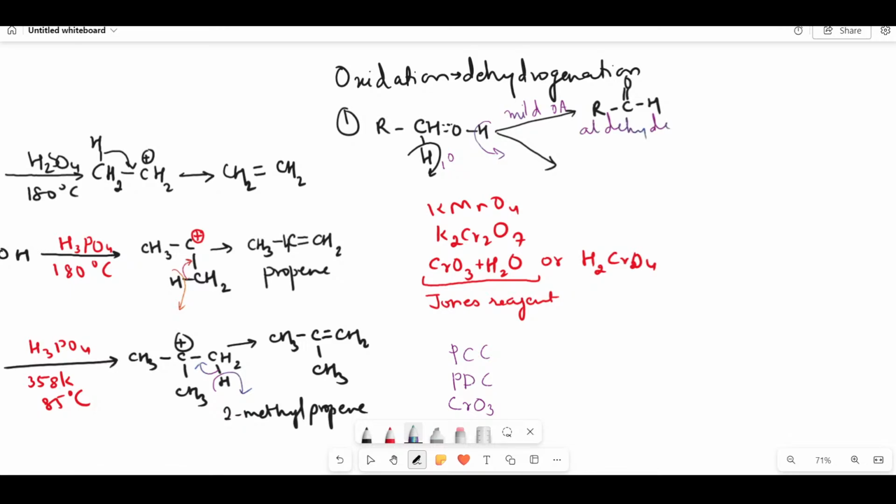Now, if this aldehyde is further treated with a strong oxidizing agent like acidified KMnO4, or potassium dichromate, or Jones reagent, what we obtain is a carboxylic acid, RCOOH. So we get formation of carboxylic acid.